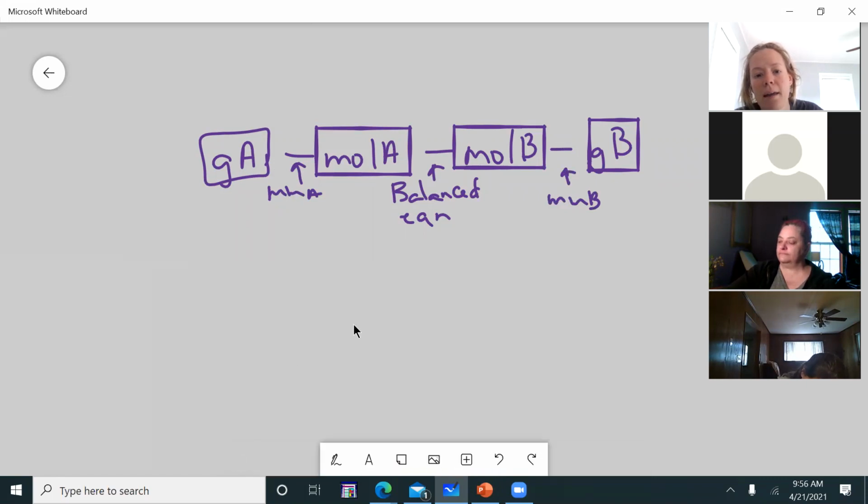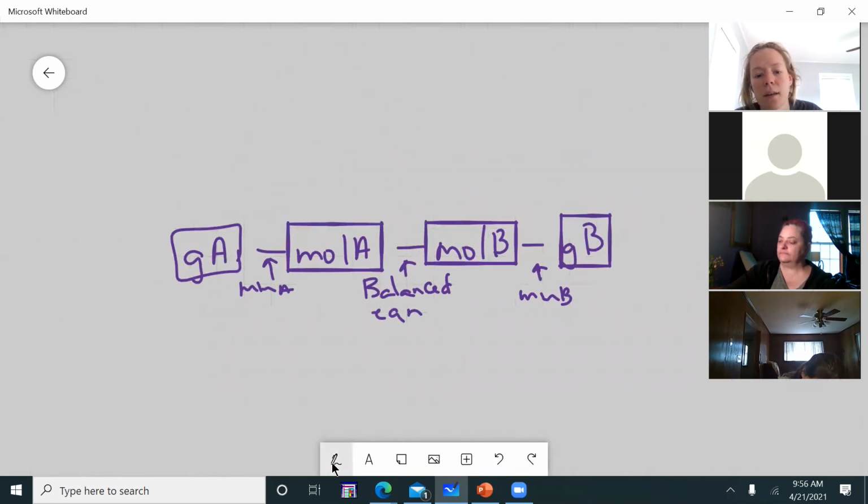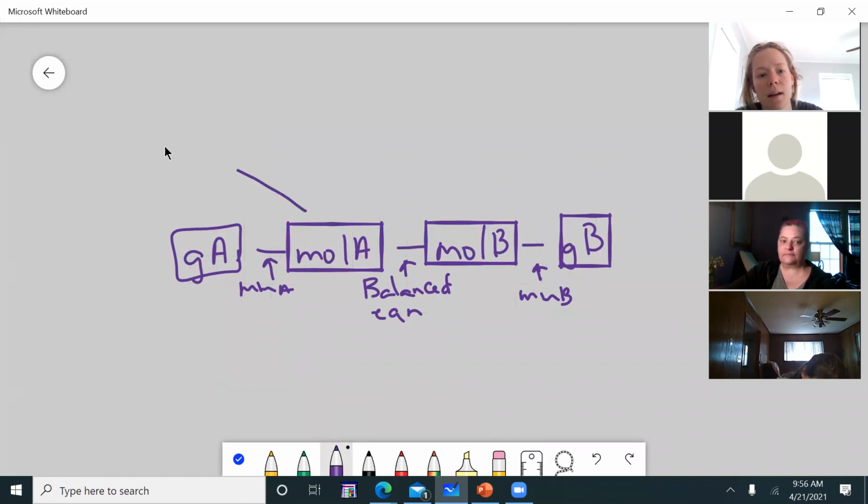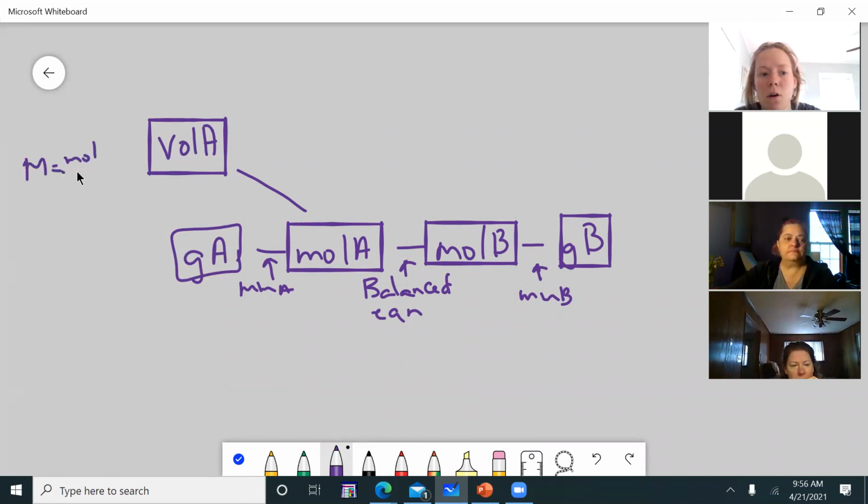Now I'm going to add to this flow chart another limb. From here, I'm going to pull it off and say volume of A. So instead of being given something about the grams, I could be given something about the volume. And let's remember, what does molarity equal? Molarity equals moles over liters. So if I have my molarity and I have my liters, I can figure out moles.